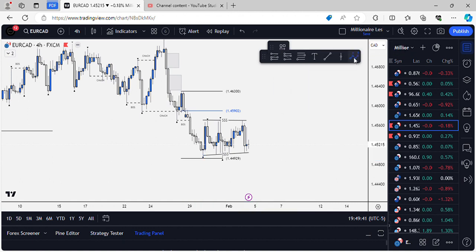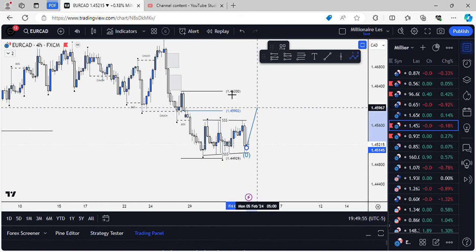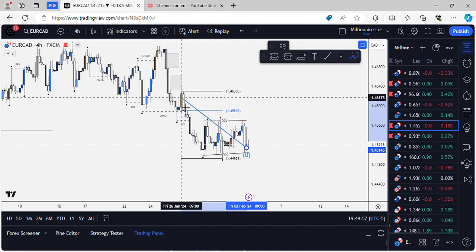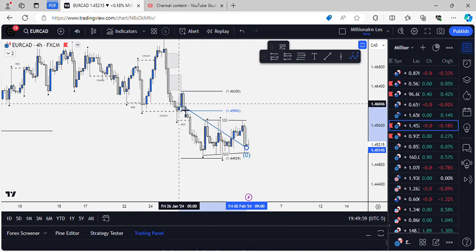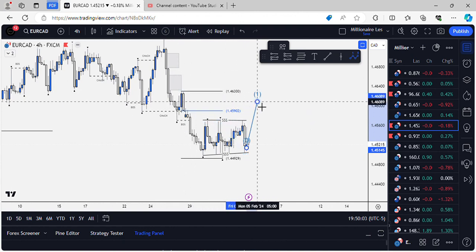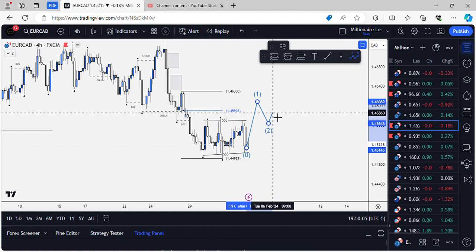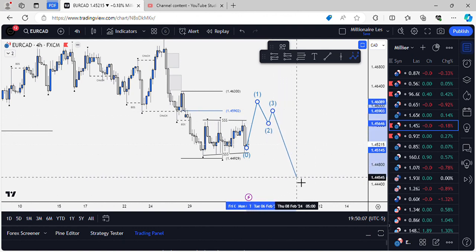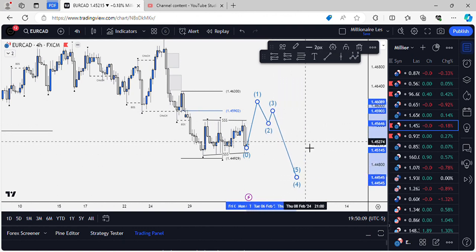Obviously we can't predict the market, but what I'm expecting is price to come and purge sell side liquidity, tap into my designated area. More confluence is the fact that this is an order block. Come in there, tap into that, do some type of minutia here, and then boom, sell off.